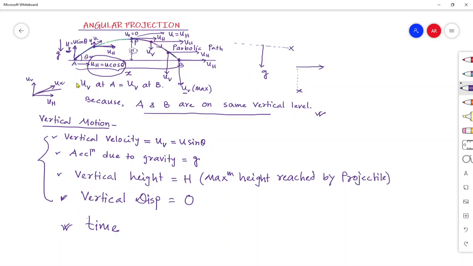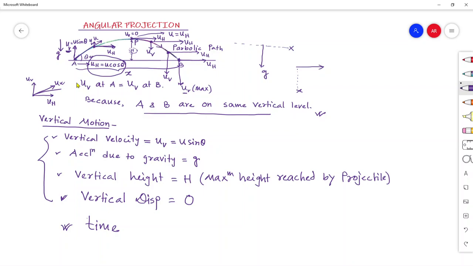So this is why time is the only parameter which is common for both the horizontal and vertical motion. When the object is covering some vertical motion, it covers some horizontal motion as well. When it has some horizontal motion, it covers some vertical motion as well. So that's why this time is common for both.